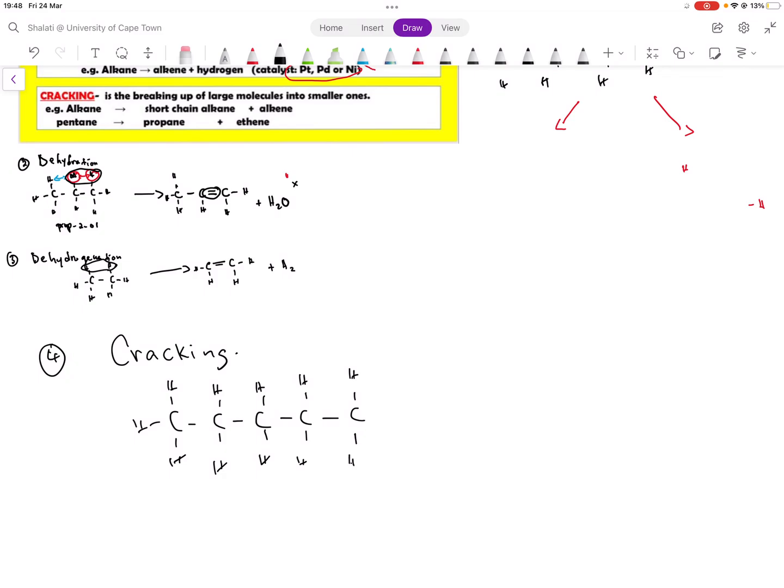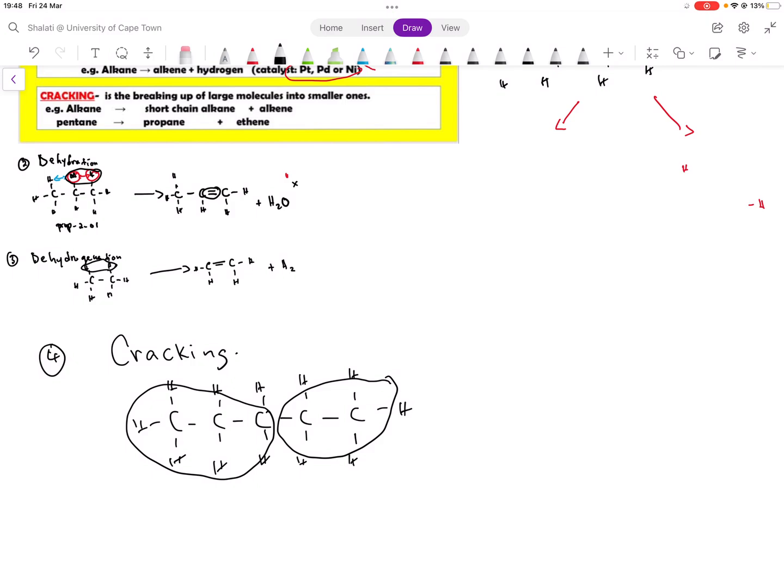Then you can break it up into 2. This can form an ethene, then that can form a propane. So you want to form a short chain alkane plus an alkene. So you're gonna form two things. You're gonna form two functional groups.